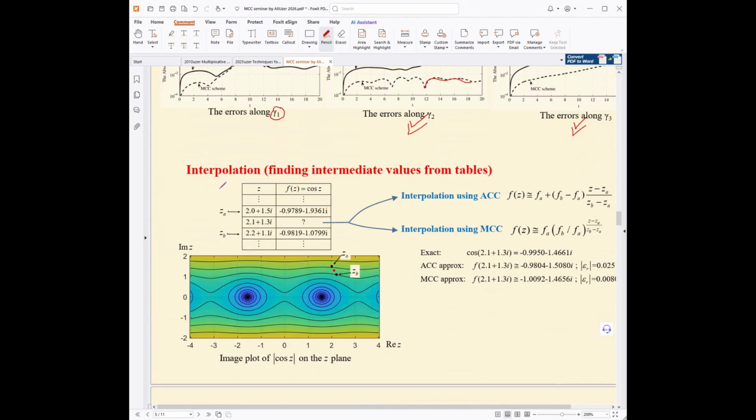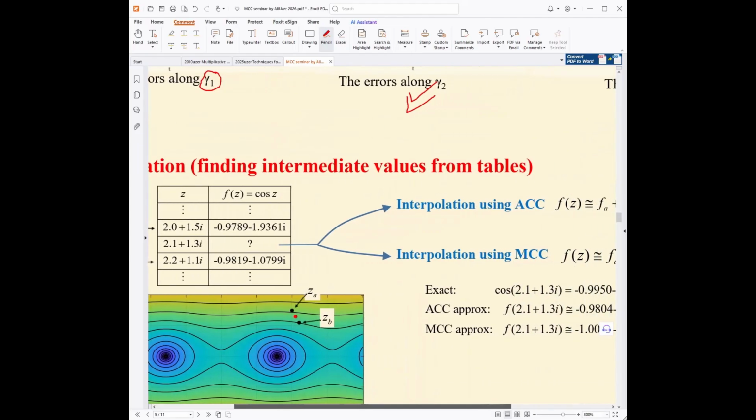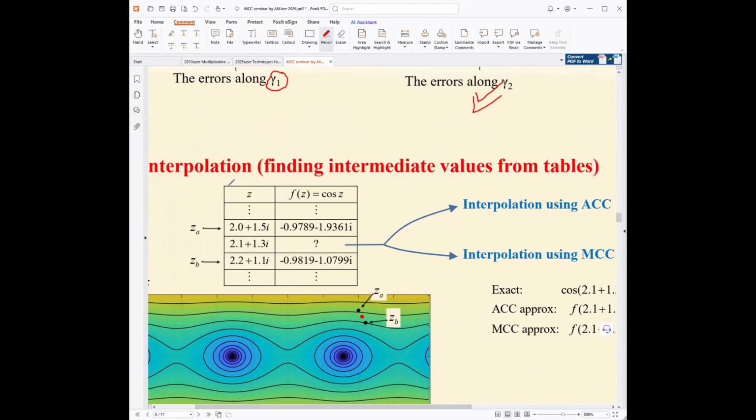Another possible application may be interpolation, finding an intermediate value or values from table values. Consider a table of functions like the cosine function. For testing the accuracy, I considered the cosine function.